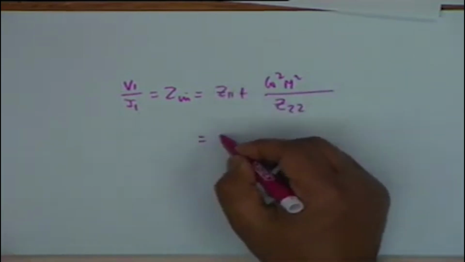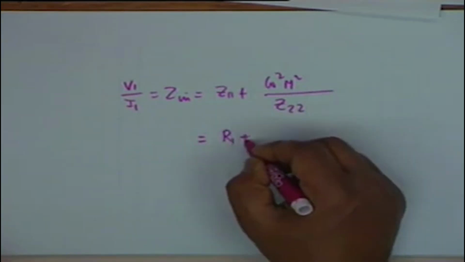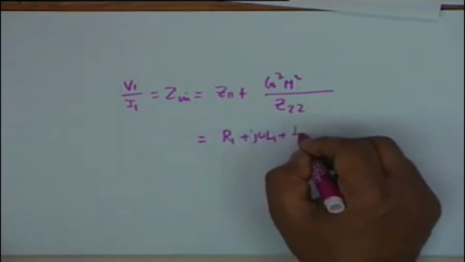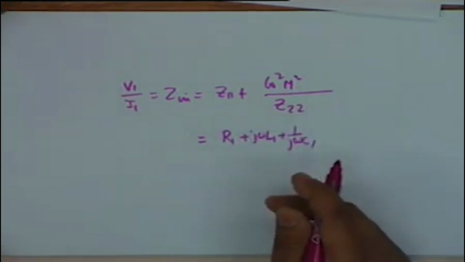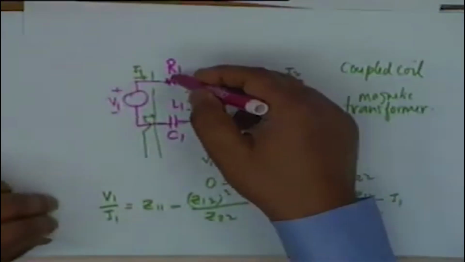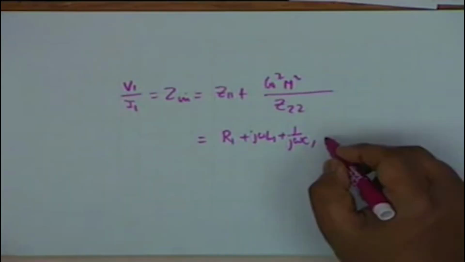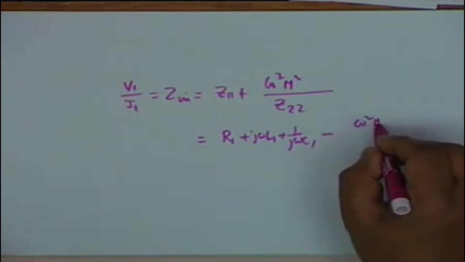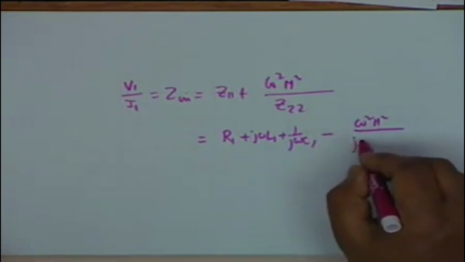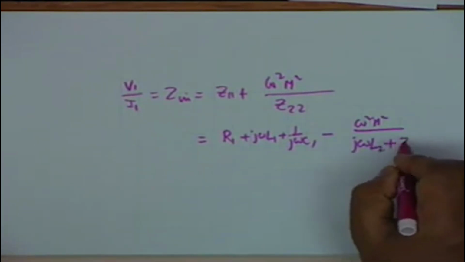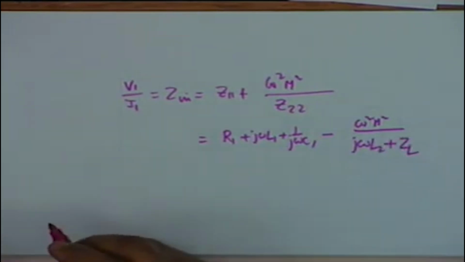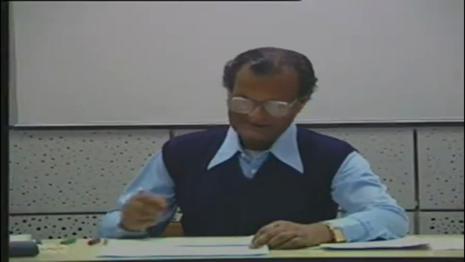Whatever is included here, for example, I had included R1 plus j omega L1 plus 1 over j omega C1. You recall we had a resistance, inductance and a capacitance. So this is Z11 minus omega squared M squared divided by j omega L2 plus ZL. Pardon me? It is plus. Thank you so much.